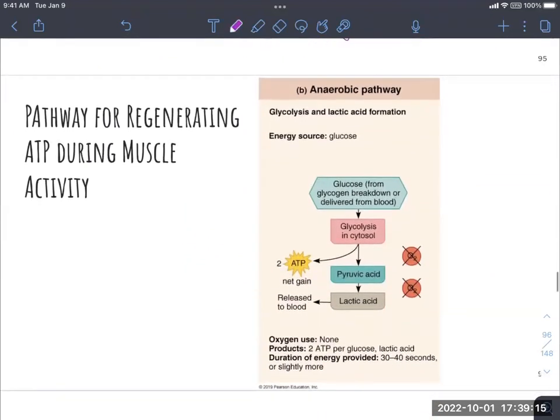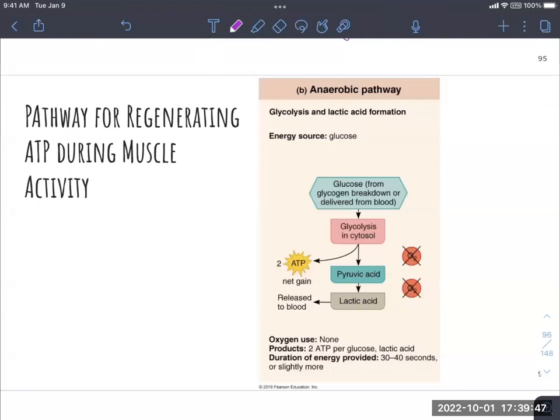So let's look. Here's that anaerobic pathway. We get glucose, which gets broken down from glycogen. Glycogen is energy stored in the liver. We use glycolysis, which creates 2 ATP. We don't use oxygen, so it gives us that pyruvic acid. That pyruvic acid gets converted to lactic acid.